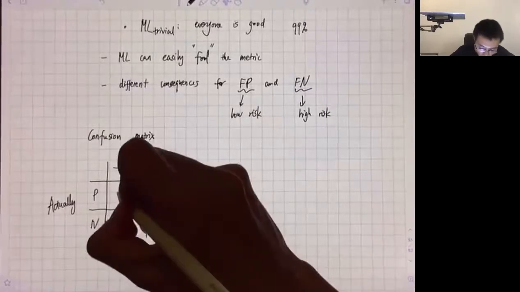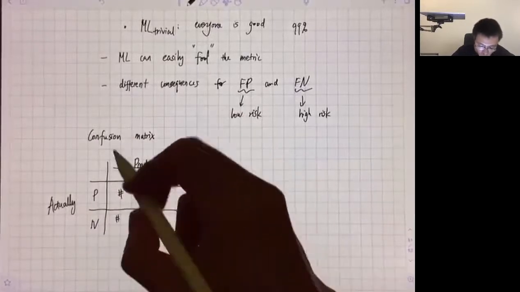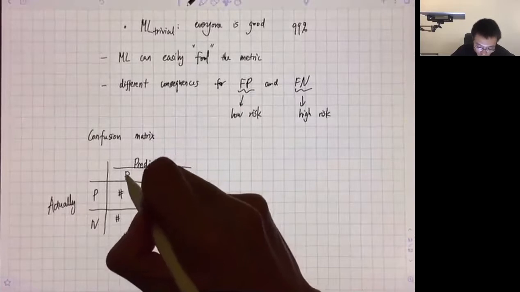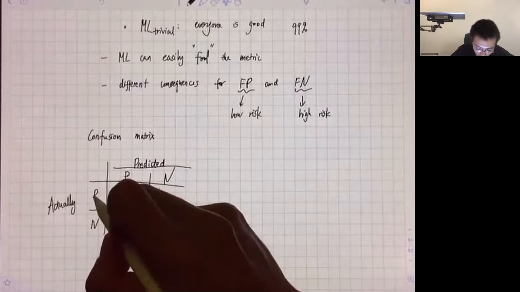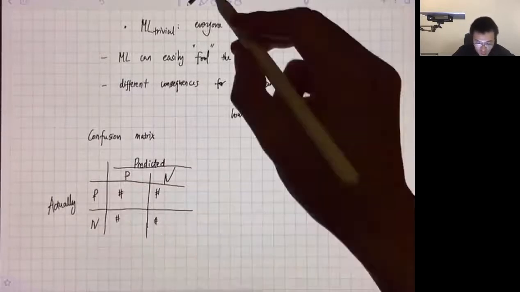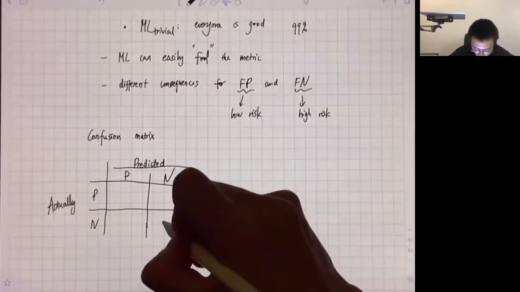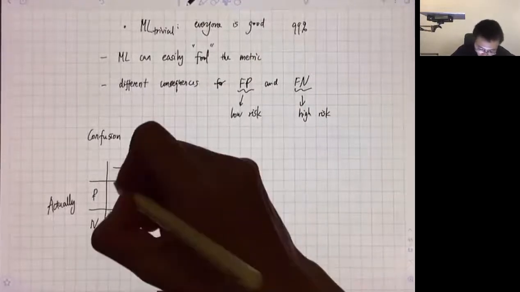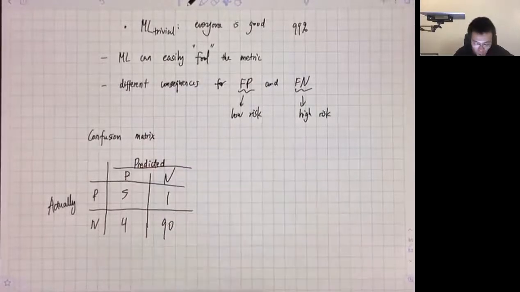Then you count the number here, okay? You count how many patients are actually positive and predicted positive. How many patients are actually positive but predicted negative, so on and so forth. And then you can fill in the numbers like I have 90 patients here, 5 patients here, 4 patients here, and 1 patient here.